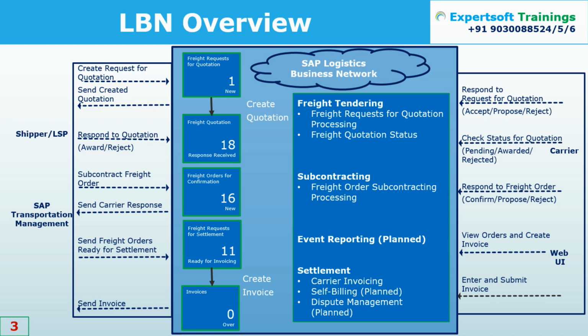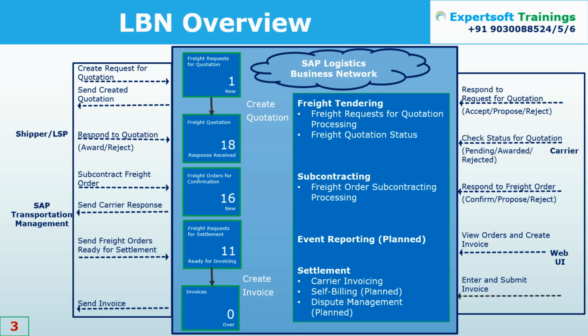See, basically, this part which SAP brought in, the carrier collaboration portal, is an on-premise solution. It is not on the cloud. From the functionality perspective, there is not a huge difference.